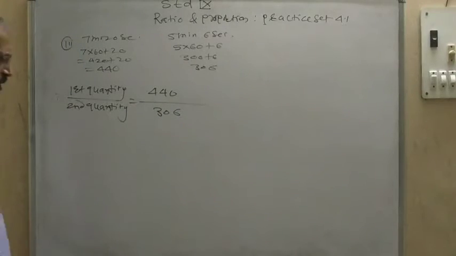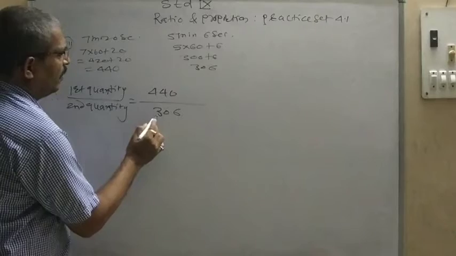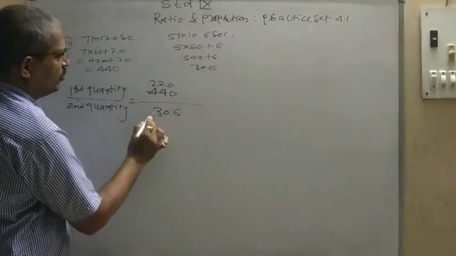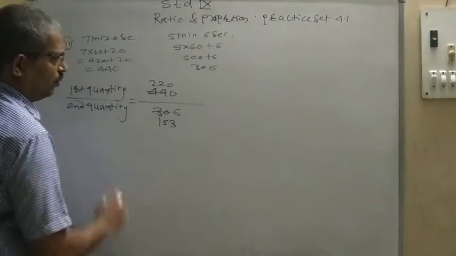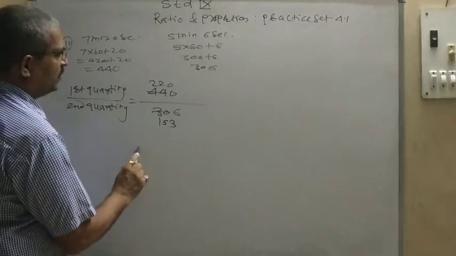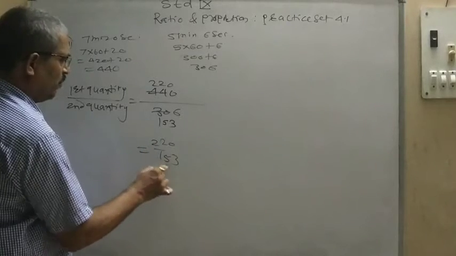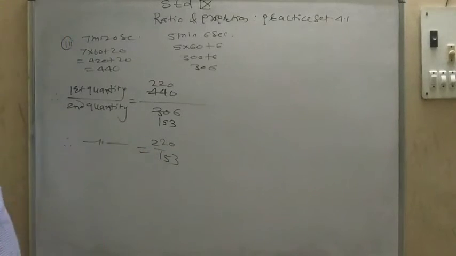Now divided by 4, is it going? It will not go. Now 2 twos are 4, 2 twos are 4, zeros are 2, 153, means now it is not divisible. Therefore 220 upon 153 is the ratio.